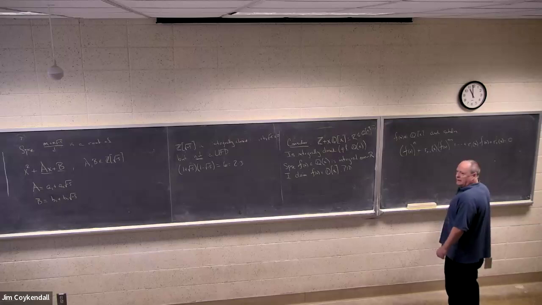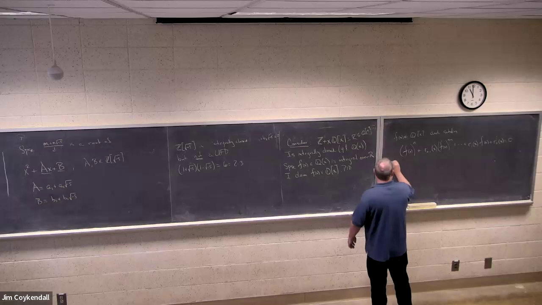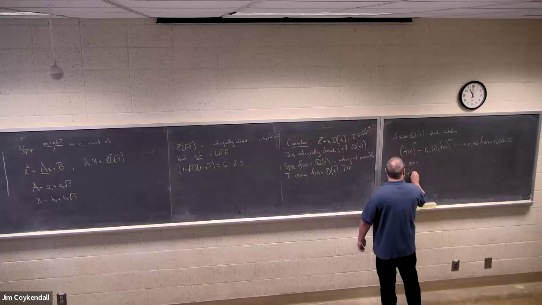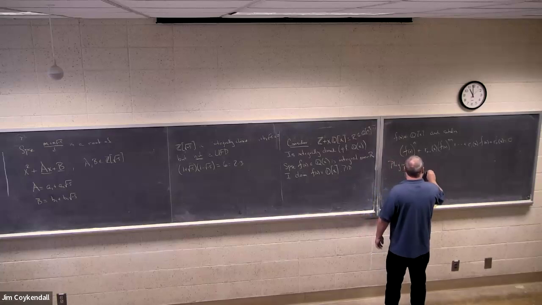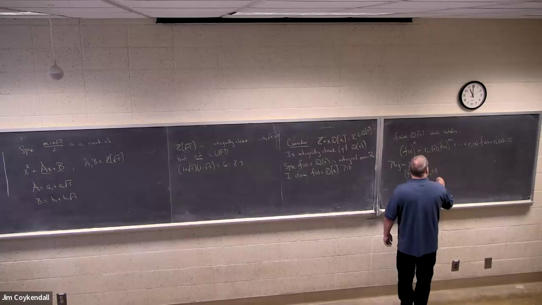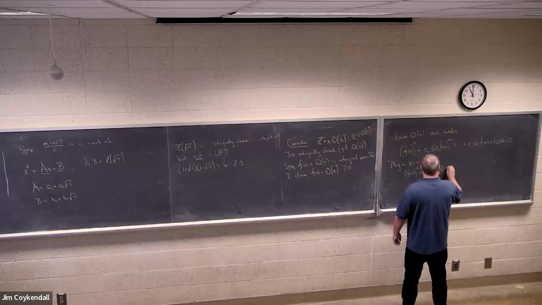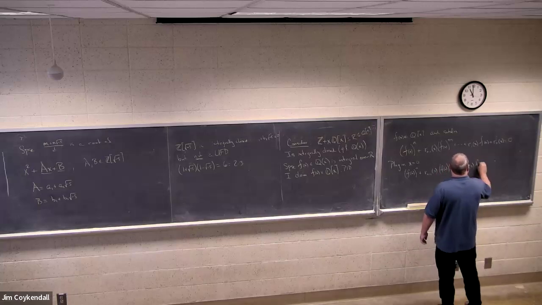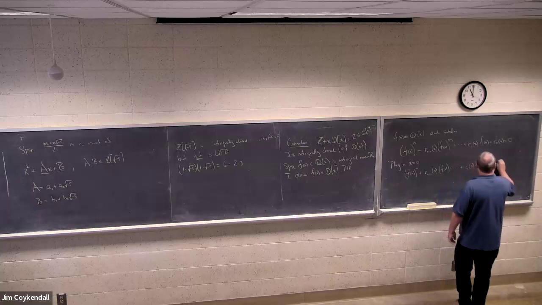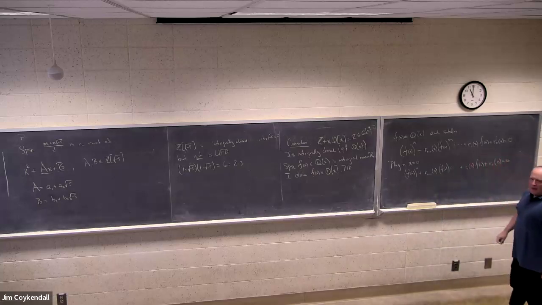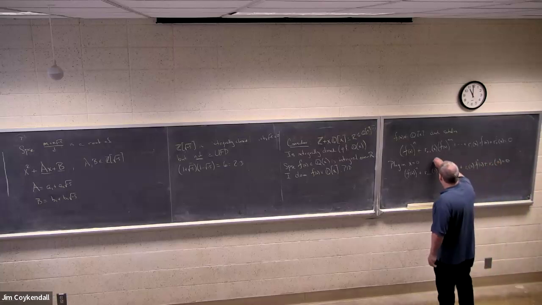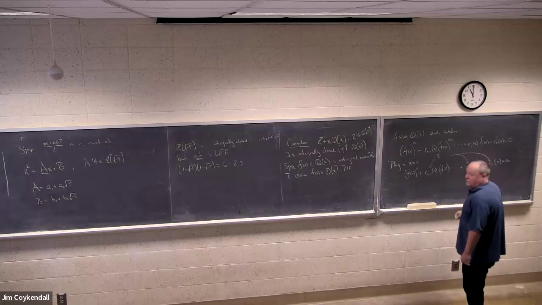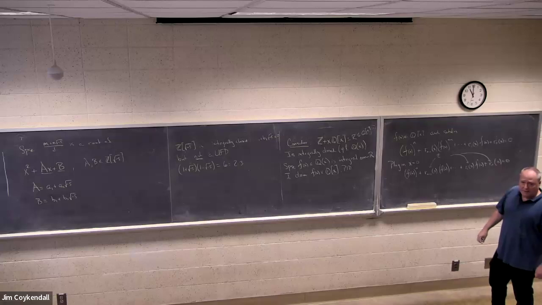Now, plug in 0, and I get f(0)^n + r_{n-1}(0) f(0)^{n-1} + ... + r_1(0) f(0) + r_0(0) = 0. And notice these coefficients are all integers, right?